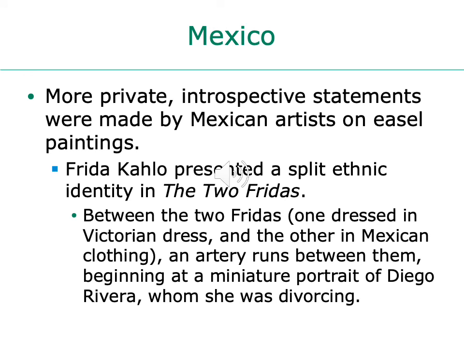The Two Fridas shows a split, a painting made after her divorce from the famous and highly accomplished Mexican painter Diego Rivera. So, in a sense, it's showing Frida's two personalities, one with a broken heart and her literal broken heart after her divorce.